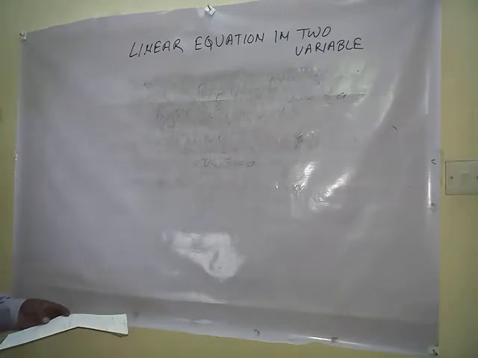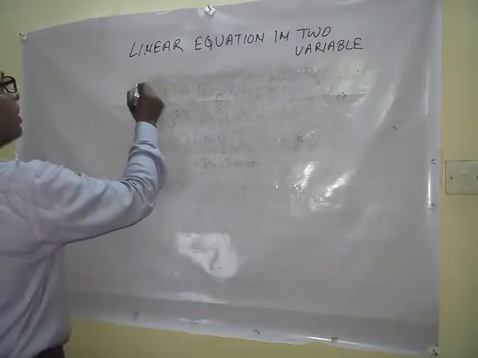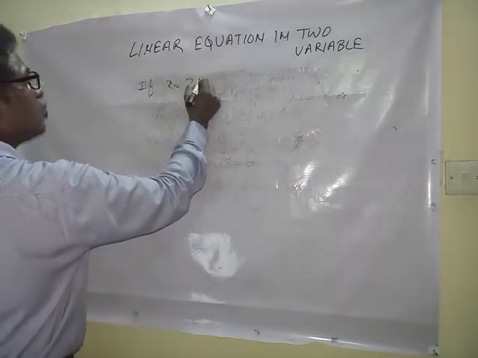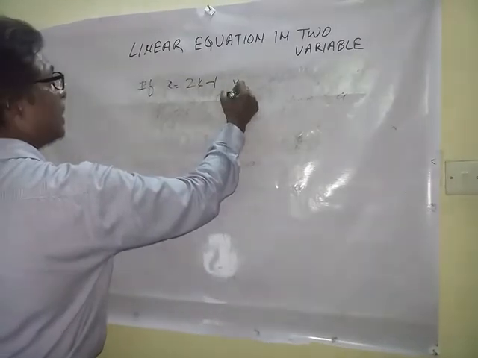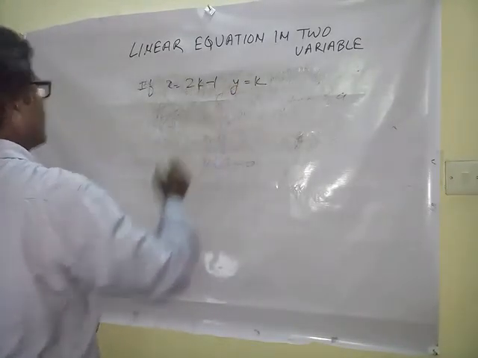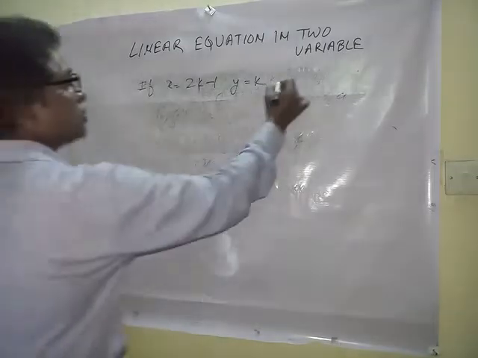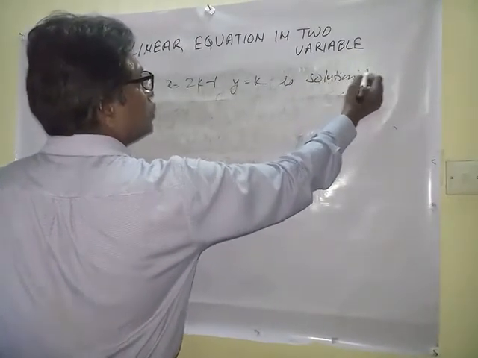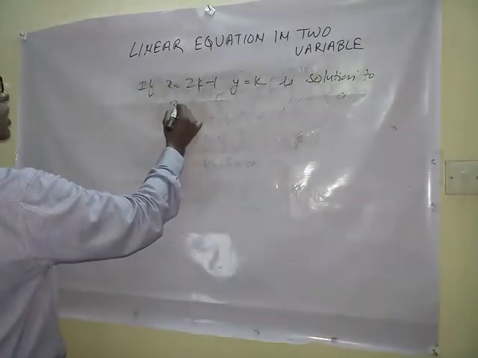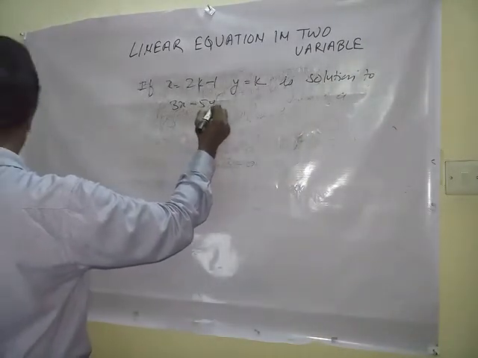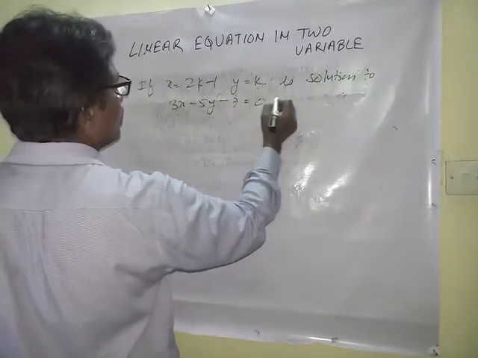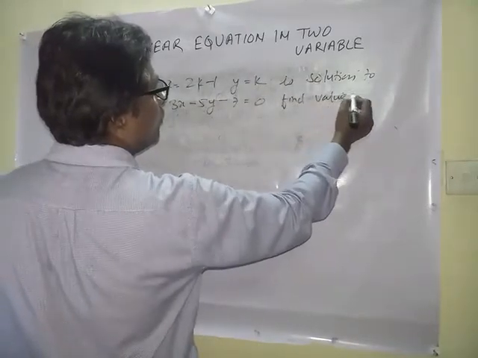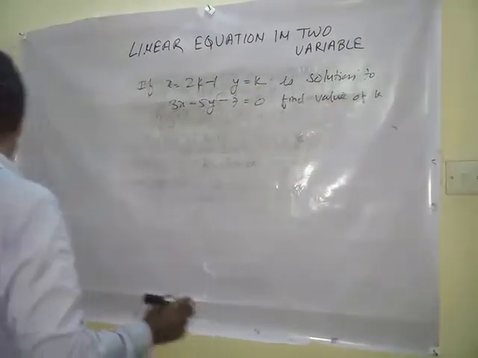Now, if x is equal to 2k minus 1 and y is equal to k is a solution to 3x minus 5y minus 7 is equal to 0, find the value of k.